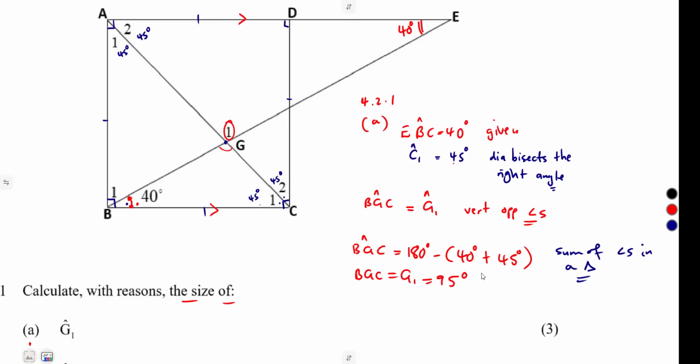And another way that we could have worked it from was to calculate angle B1. Angle B1 is going to be 50 degrees, 90 minus 40. Then you calculate this G here. It's going to be 45 plus this.